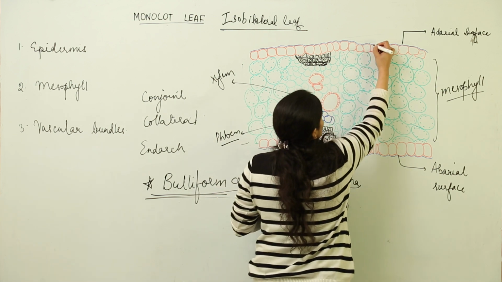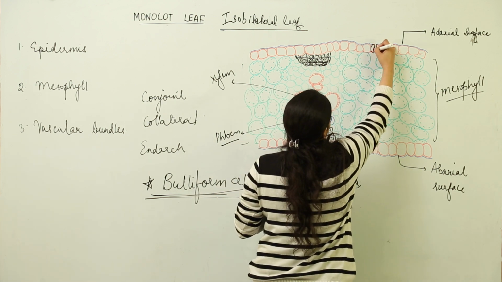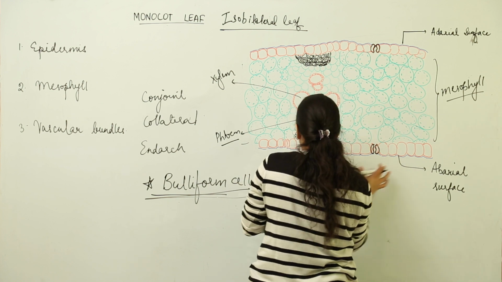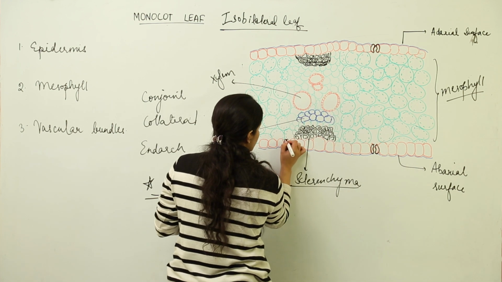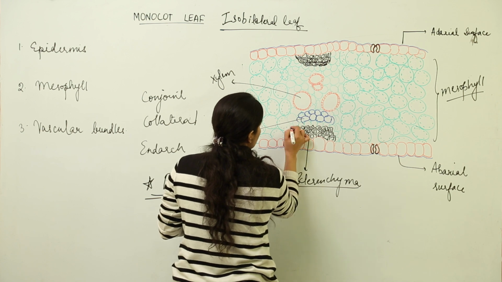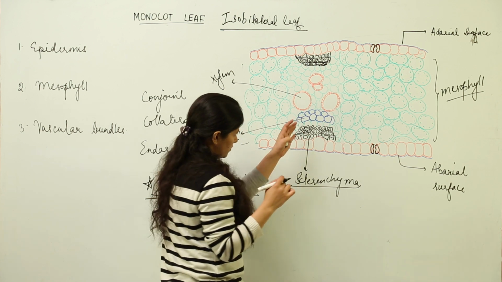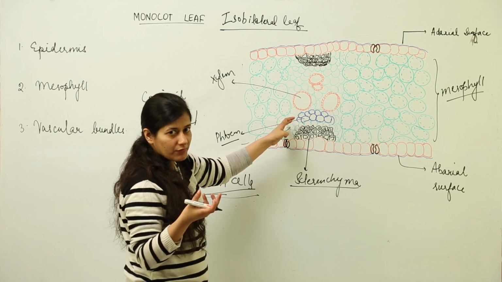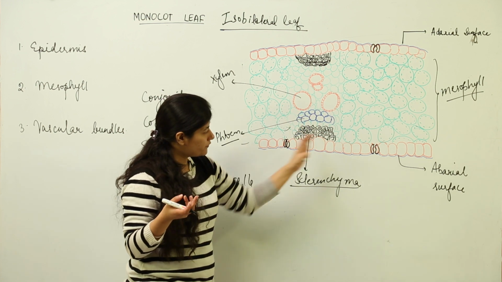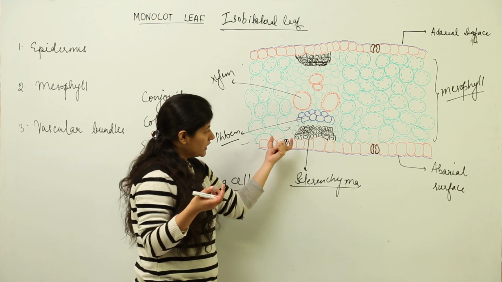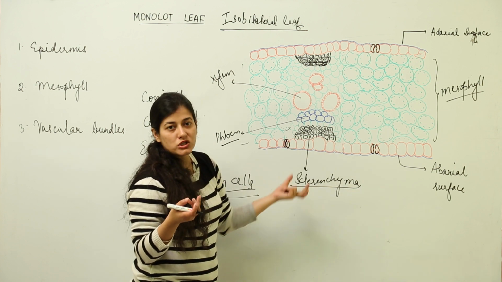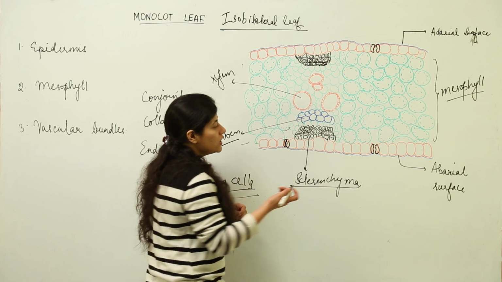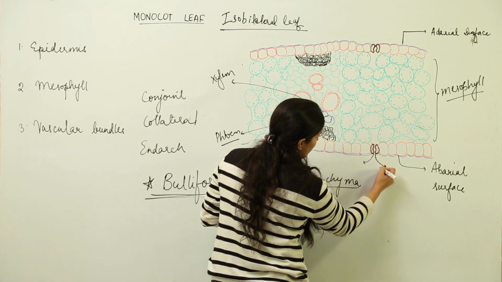So we find guard cells present in the upper surface and the lower surface, and stomatal opening is present, which has air spaces from where the leaf is going to get rid of the gases, or take up the gases. So these stomatal pores and the guard cells which surround them are responsible for the gaseous exchange, and they are equally distributed. So the gaseous exchange takes place from there.